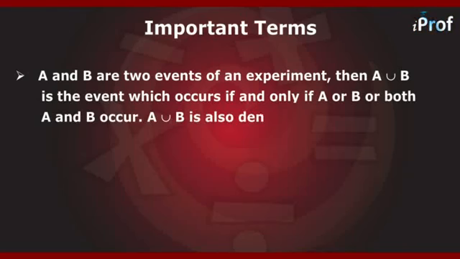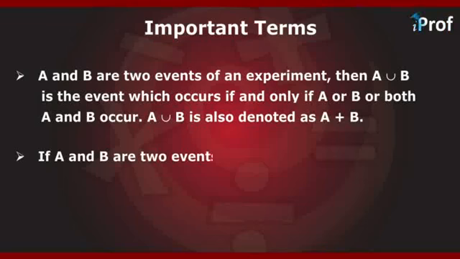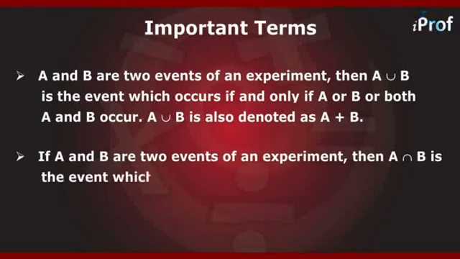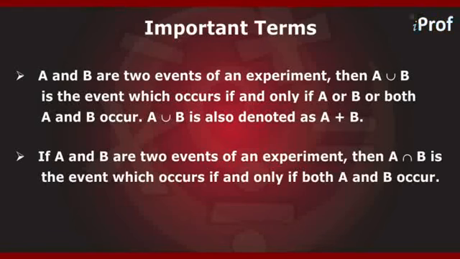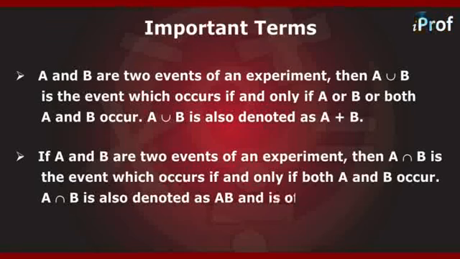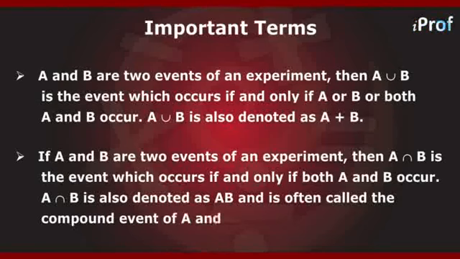A union B is also denoted as A plus B. If A and B are 2 events of an experiment, then A intersection B is the event which occurs if and only if both A and B occur. A intersection B is also denoted as AB and is often called the compound event of A and B.